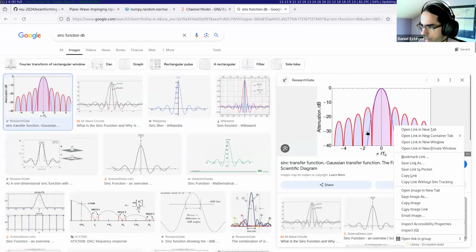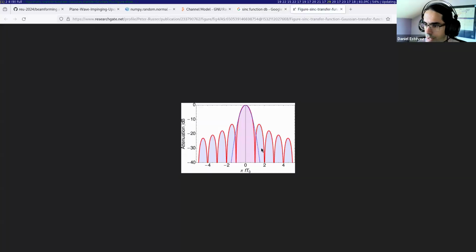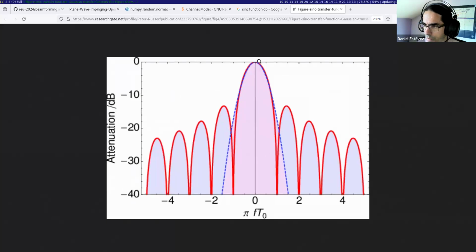So let me show this in full size. When we are aiming the beamformer towards the source, then we get the maximum amplitude. As we move away, the amplitude decreases. And you can ignore this blue dotted line. I'm concerned about the red line. So as we keep aiming away from the source, there is some point at which it disappears.